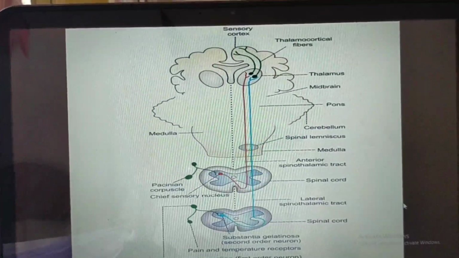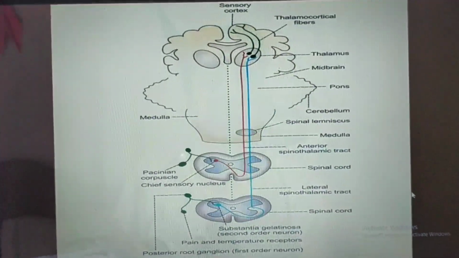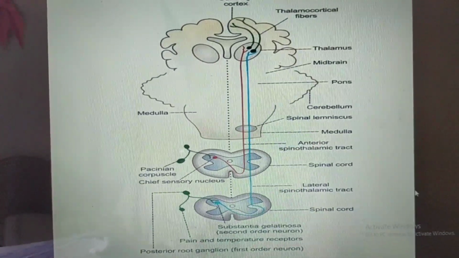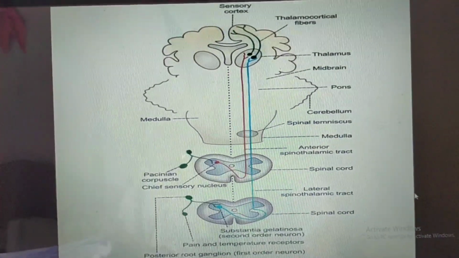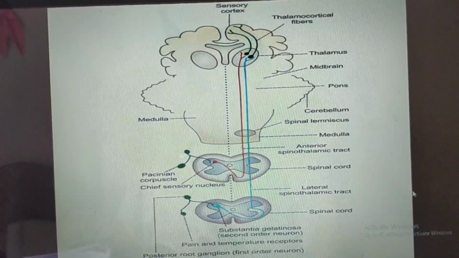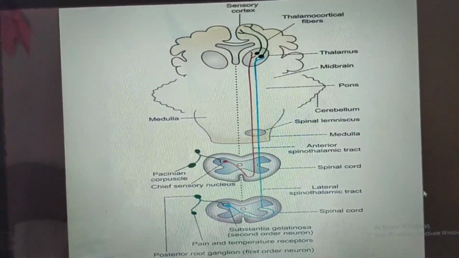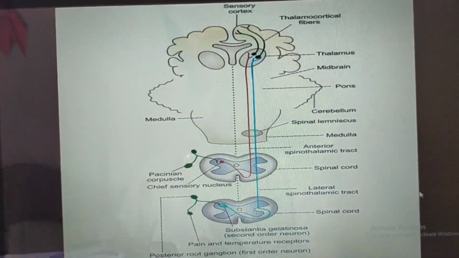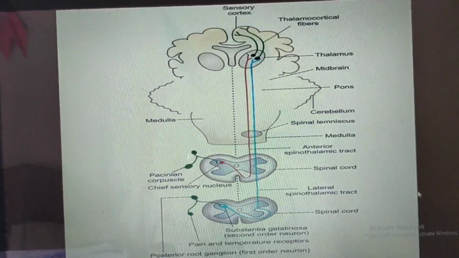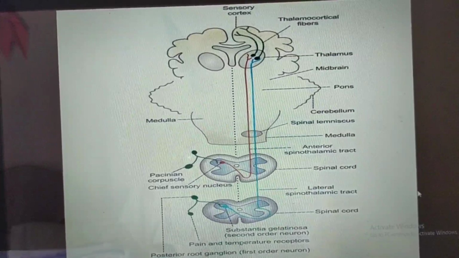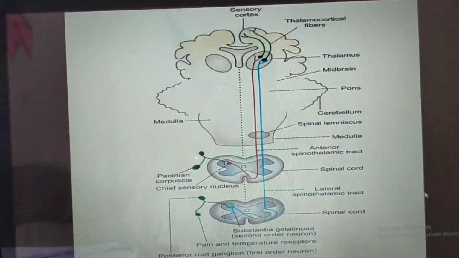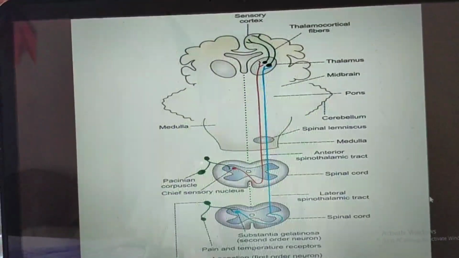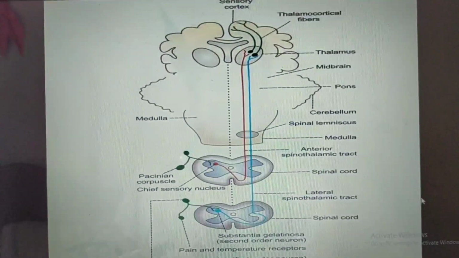The first order neuron carries impulse into the spinal cord via the dorsal root, and most of the first order axons travel to the substantia gelatinosa in the tip of the dorsal horn. The first order neuron synapses on the second order neurons in the substantia gelatinosa, and the second order neuron crosses over the ventral white commissure before entering the spinothalamic tract.